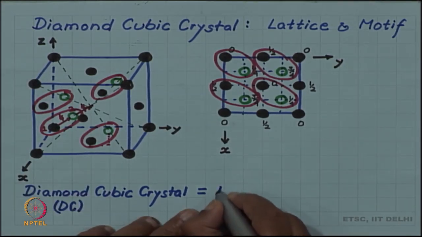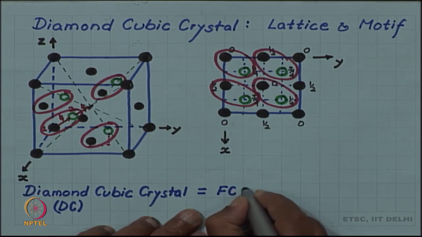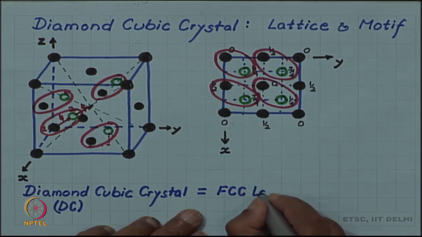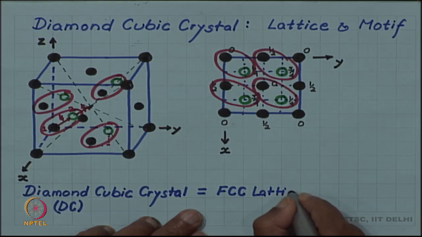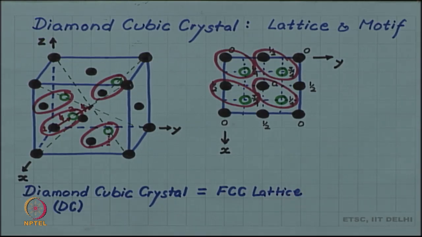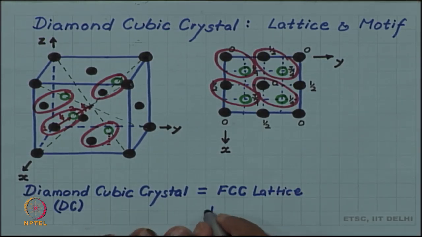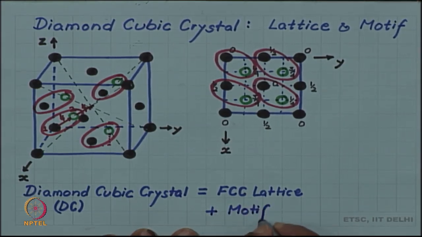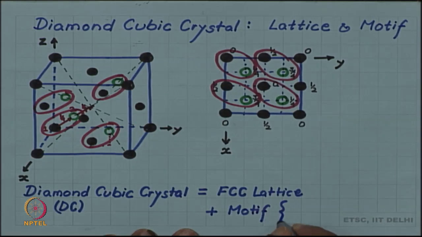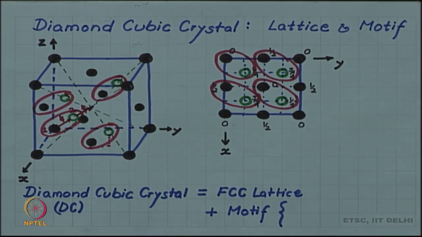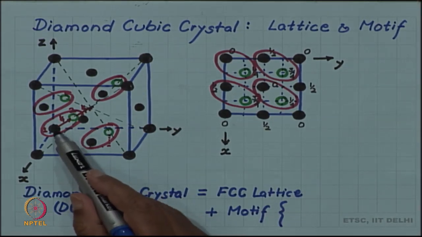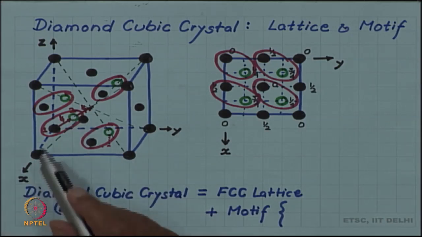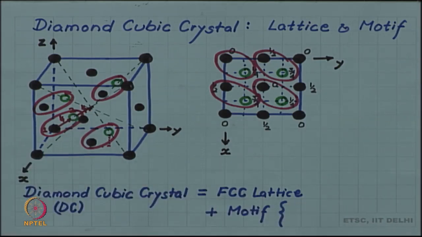So, the lattice is face centered cubic, it is the FCC lattice, plus of course it has to have a motif, and we have seen that the motif has 2 atoms, one black and one green. Now, how do I give the coordinates of the motif atom?